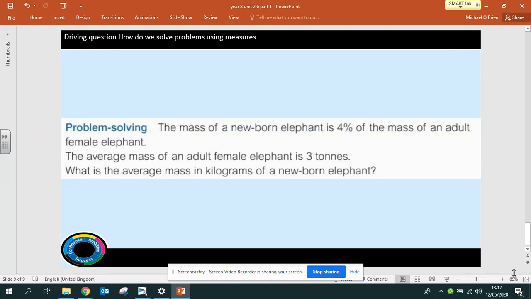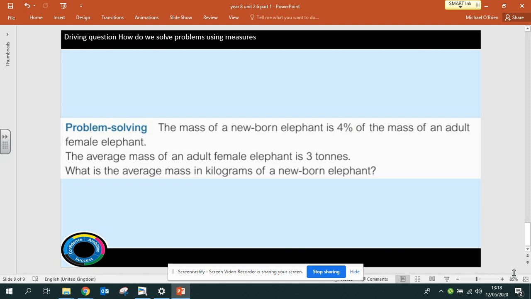The mass of a newborn elephant is 4% the mass of an adult female elephant. The average mass of an adult female elephant is 3 tons. What is the average mass in kilograms of a newborn elephant? Okay, so I'd like you to answer this.